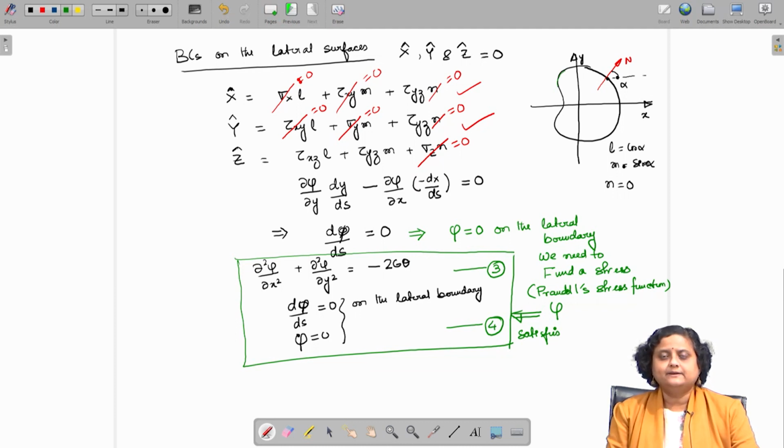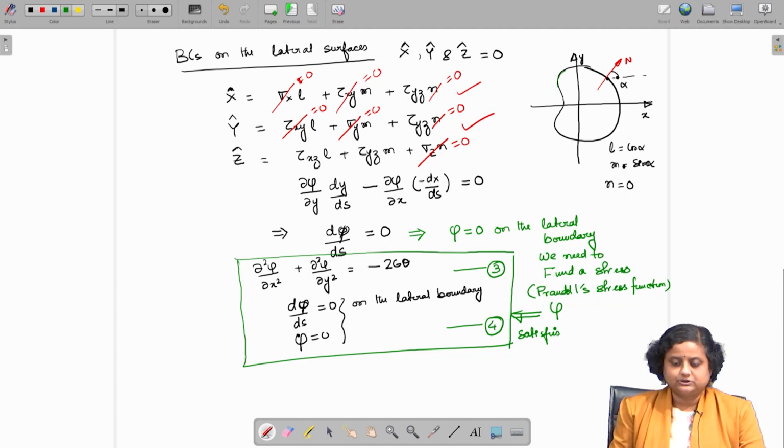Therefore, though Saint-Venant's warping function and the Prandtl stress function both will give the correct solution of torsion of a shaft with non-circular cross section, the Prandtl stress function is a much easier approach mathematically. Therefore, most of the problems of torsion of non-circular shafts are solved using the Prandtl stress function.